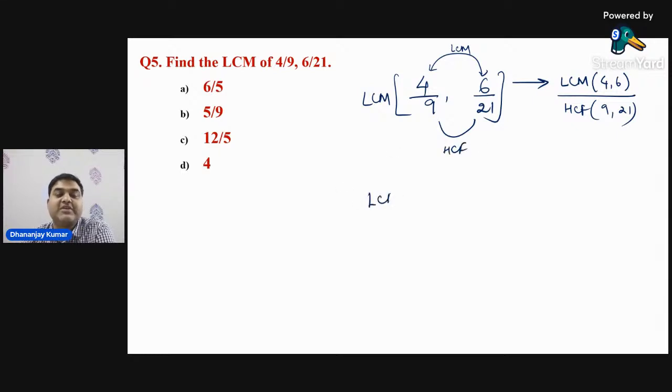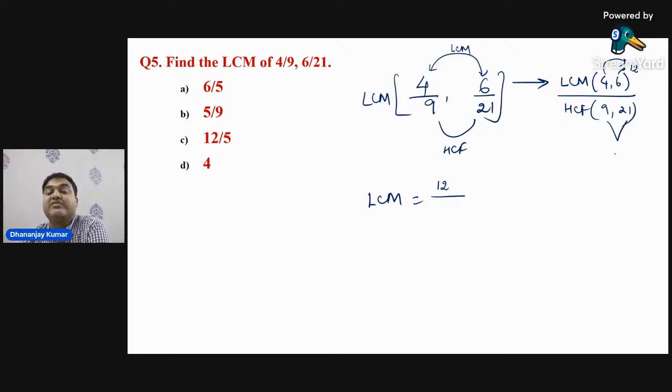So the LCM will be the LCM of 4 and 6. We need not find it the long way; we have to be smart. Can 4 divide 6 completely? No. Then 6 into 2 is 12, 4 threes are 12. Yes, the LCM of 4 and 6 is going to be 12. What is common in 9 and 21? 3 is common in these two. Why? Because 9 can be written as 9 into 1, otherwise 3 into 3.